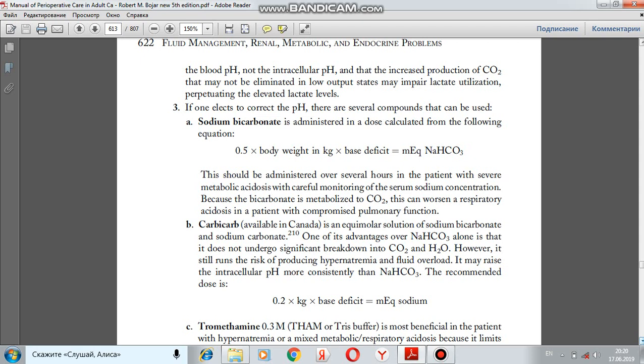This should be administered over several hours in the patient with severe metabolic acidosis, with careful monitoring of the serum sodium concentrations. Because the bicarbonate is metabolized to carbon dioxide, this can worsen a respiratory acidosis in a patient with compromised pulmonary function.